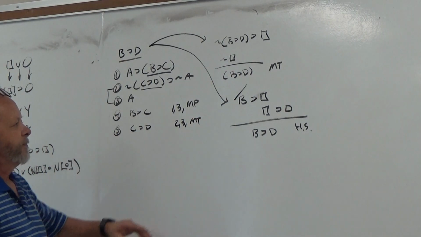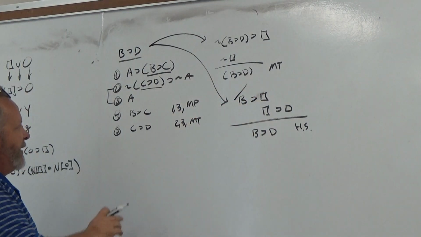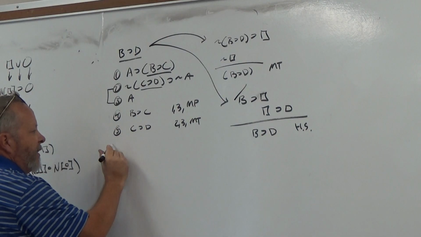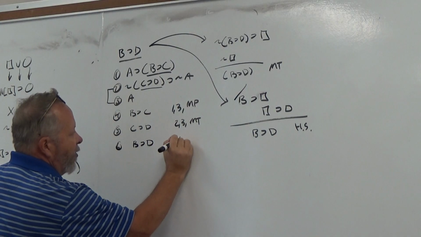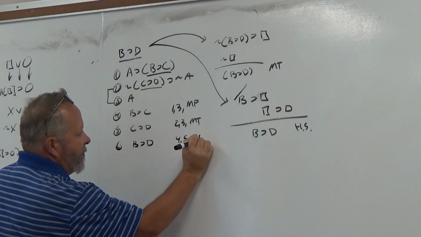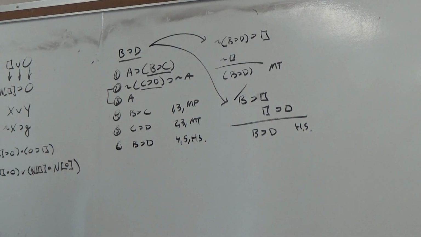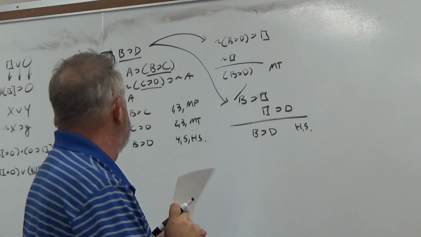Now look, we have these two pieces and the blanks match. It's both a C, B then C, C then D. Let's cut out the middleman and we get B then D, 4, 5, hypothetical syllogism. And we're done. Okay, so that one should have been fairly simple.